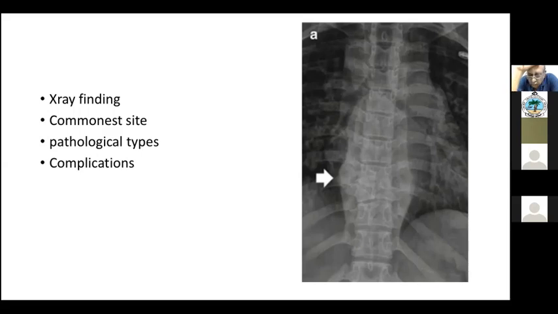Regarding this, you should know everything regarding paraplegia. What are the types of paraplegia? Early onset paraplegia and late onset paraplegia. You read about the conditions that produce early onset paraplegia and conditions that produce late onset paraplegia.